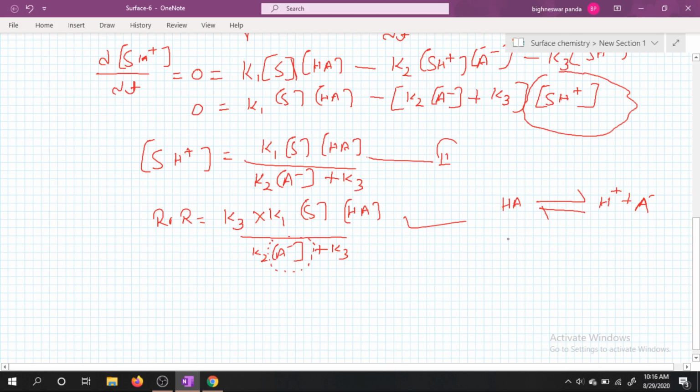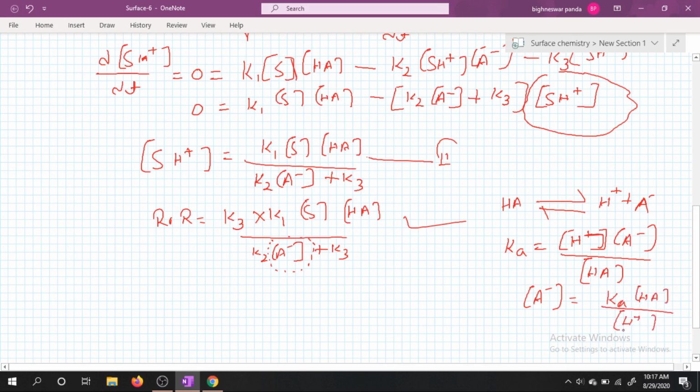So here the dissociation constant Ka will be equal to the molar concentration of H plus times the molar concentration of A minus divided by HA, so the concentration of A minus will be equal to Ka HA divided by H plus.